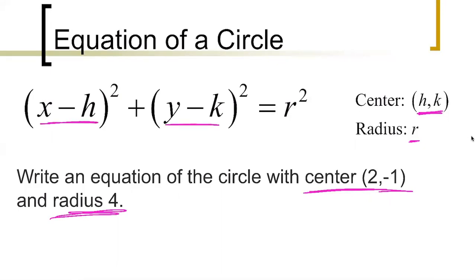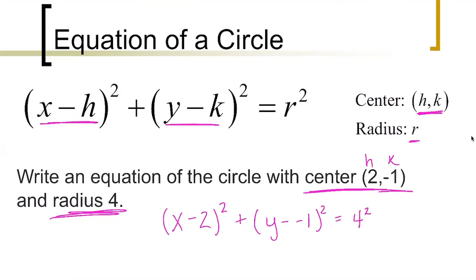So when you write this, the first one would be x minus h. Well, h in this case is our 2. So it would be x minus 2 squared plus your k value, which is -1. So we'd have y minus, and this is where you got to be careful, it's a -1 squared equals my radius squared, which is 4.